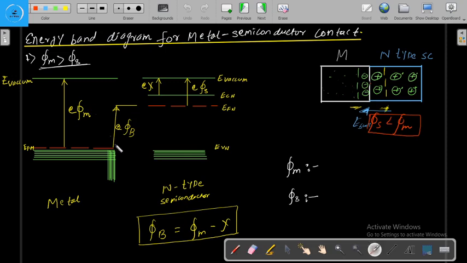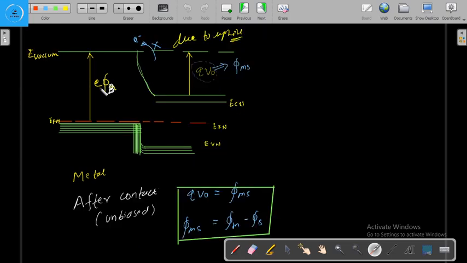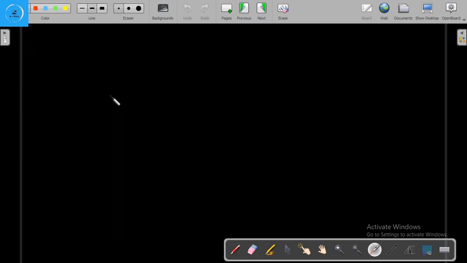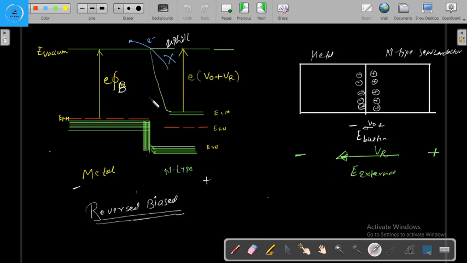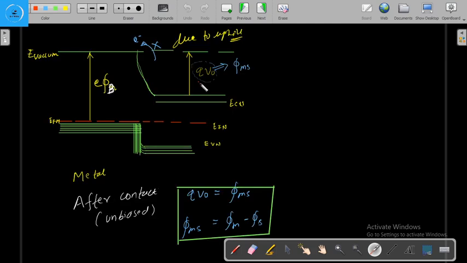When we keep the metal in contact with the n-type semiconductor, and if we assume phi m is greater than phi s, then in the forward bias the electron can easily move from the n-type semiconductor to the metal, and in the reverse bias the electron cannot move from the semiconductor to the metal.